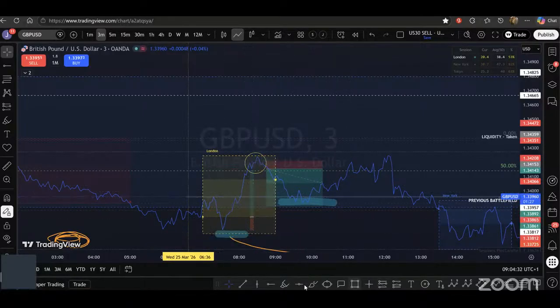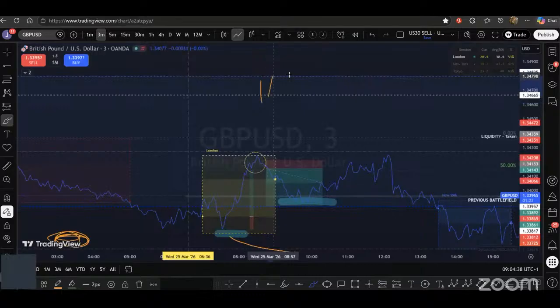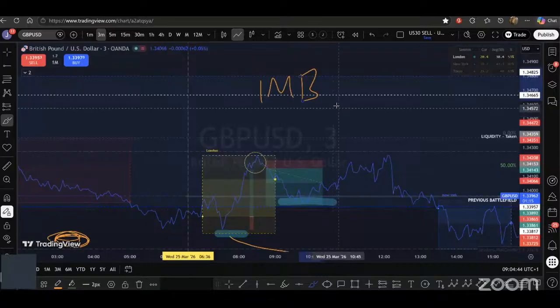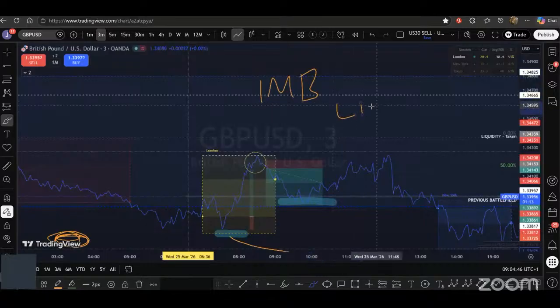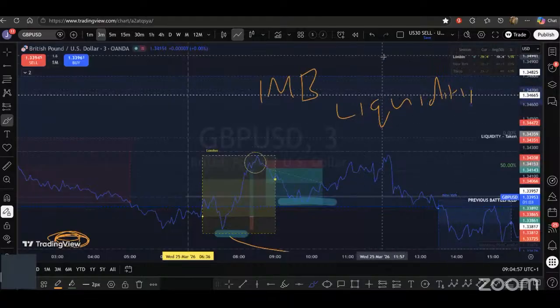So what have we said about our points of interest? Let's list them out verbally. We've got imbalances. Imbalances are magnets to price. We've got liquidity. Liquidity is typically where we want to see markets target, where the market's going to go to. And it's also a green, checkered flag of where they may take that liquidity and say, okay, our belly is full, now we can go in the opposite direction.